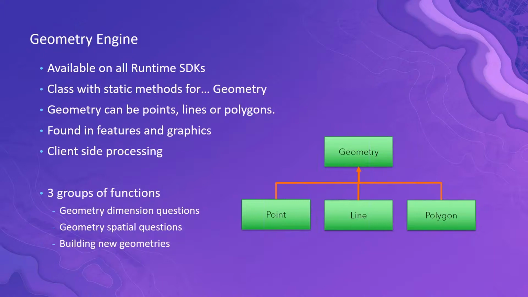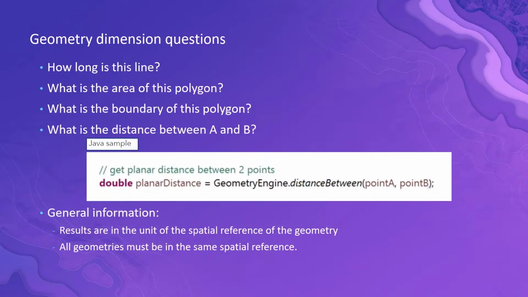You can get the dimension information about a geometry and ask questions of that. It gives you the ability to ask spatial questions of a single geometry or many geometries all at once, and provides functions to actually create new geometries from many of these functions.